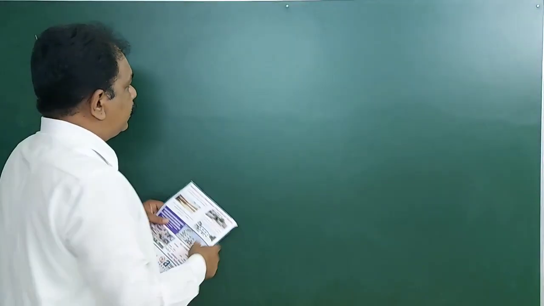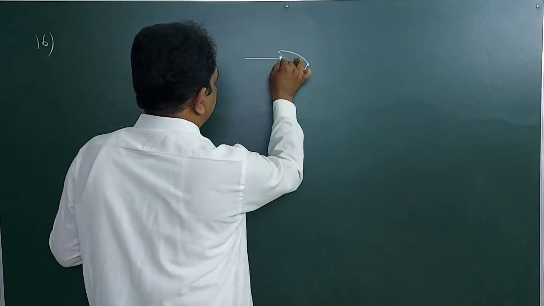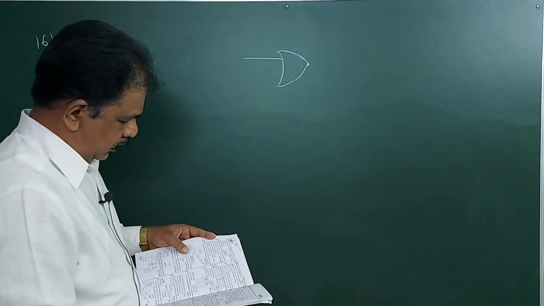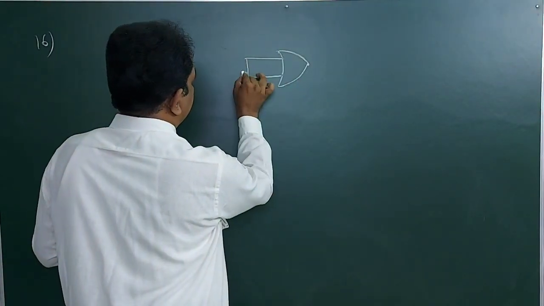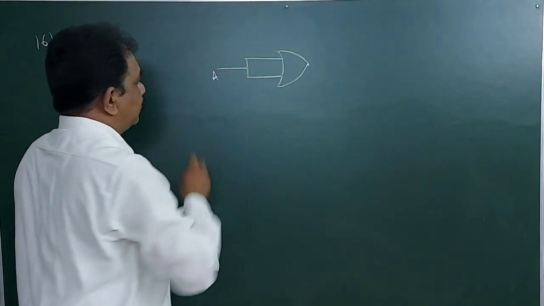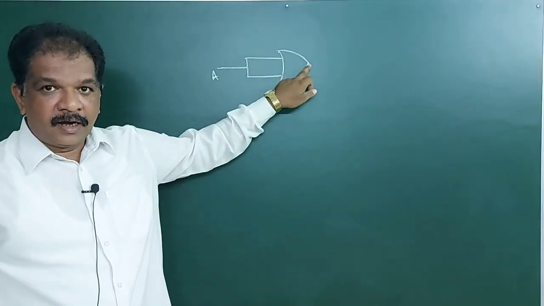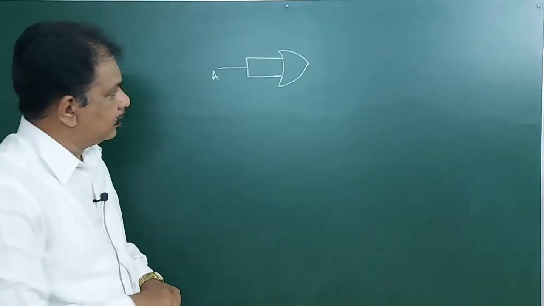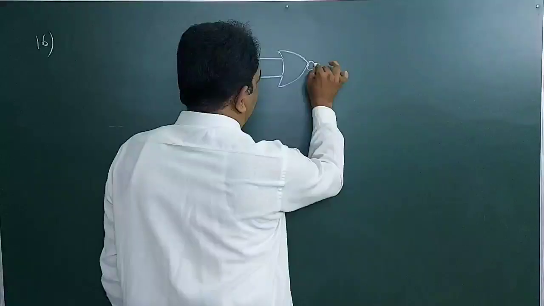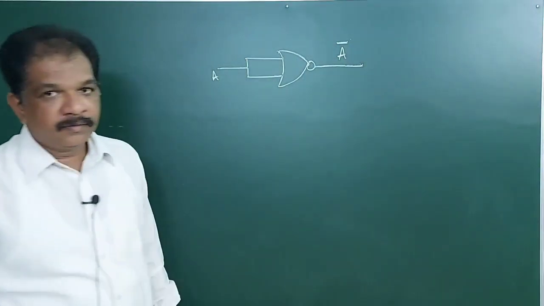Here one NOR gate is there, not OR gate, NOR gate. If both inputs are A and it is an OR gate, we will get A only. Because it is a NOR gate, we will get A bar.